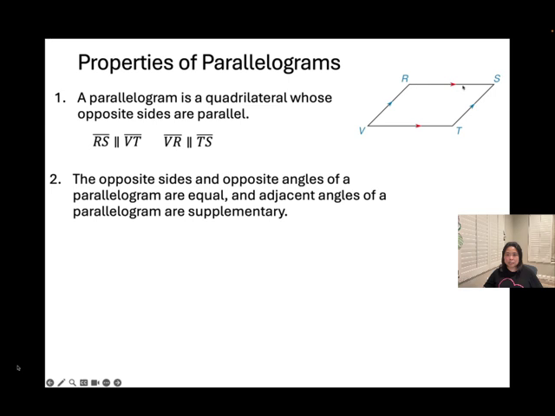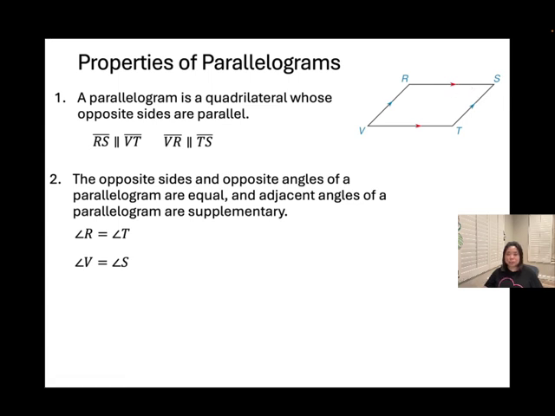So RS will be equal to VT, and VR will be equal to ST. And opposite angles: angle R will be equal to angle T, and angle V will be equal to angle S.